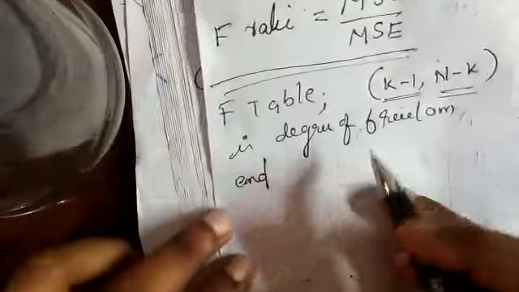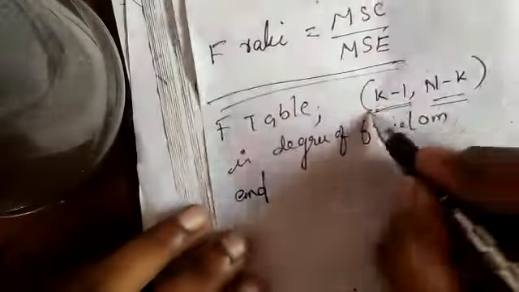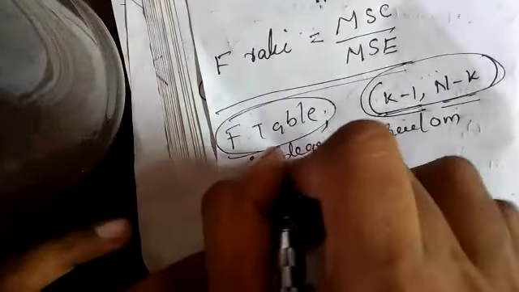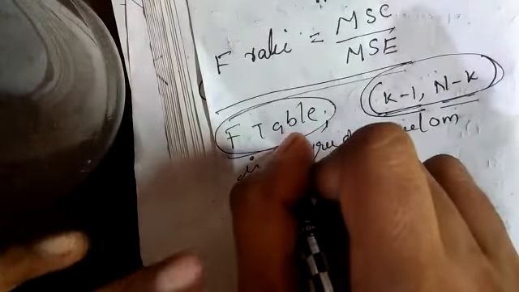Otherwise, you can take 5% level of significance. Then you find the value corresponding to the degrees of freedom at 5% or another level of significance. You get the F table value.